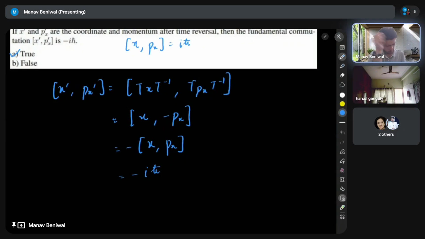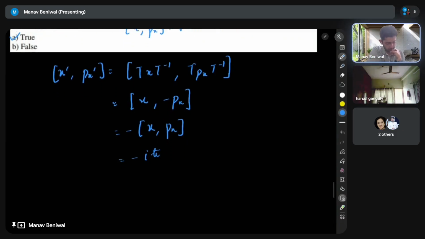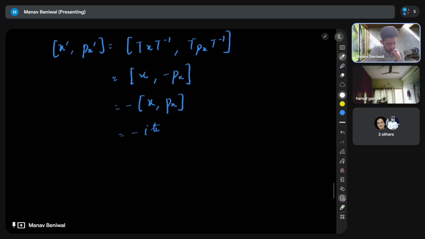Okay. If you remember, in one of the previous tutorials we discussed that if this is your particle, and this is your origin, and this is our x-axis, and it is moving in the plus x direction, then at 1 second it is here, at 2 seconds it is here, at 3 seconds it is here.